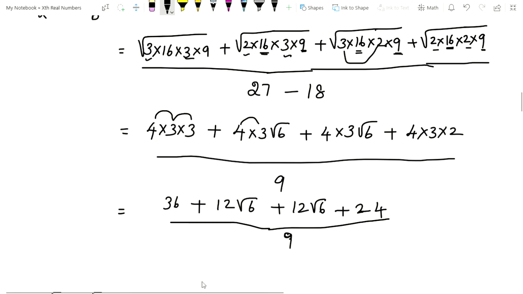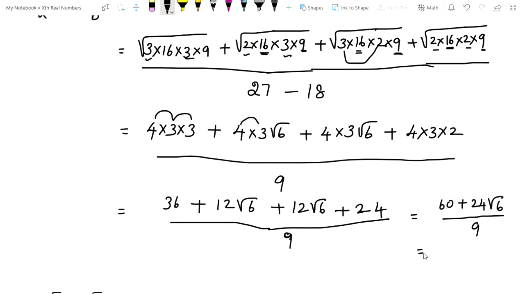Now you simplify this. 36 plus 24, what will you get, children? 4 plus 6 is 10, 0, remaining 1. 2 plus 3 is 5, 5 plus 1 is 7. 60 plus 24 root 6, because 12 root 6, 12 root 6. So 24 root 6 divided by 9. Then here, are there any common numbers?